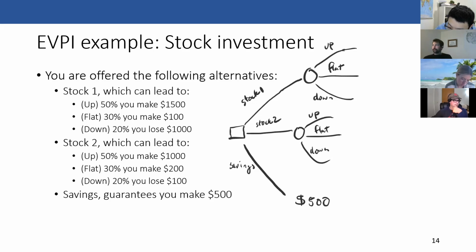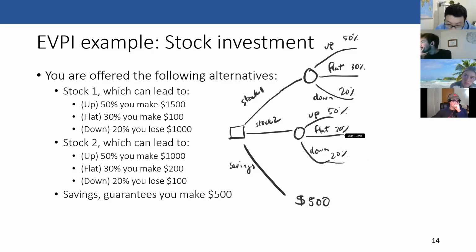And this happens with a 50% chance, 30% chance, 20% chance. Same here, 50%, 30%, 20%. And your profits are going to be 1,500 here, 100 here, or negative 1,000.